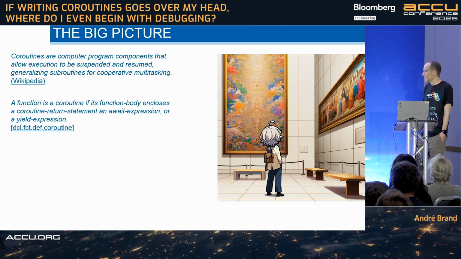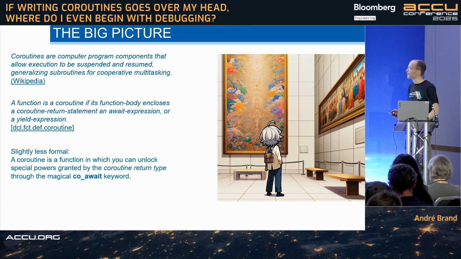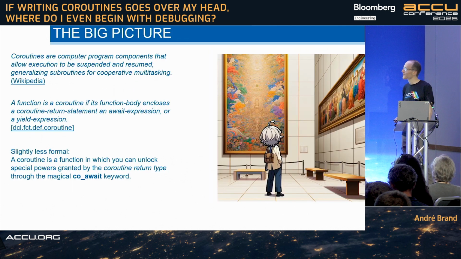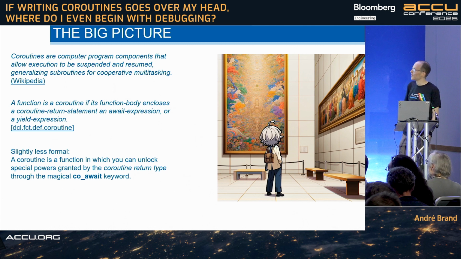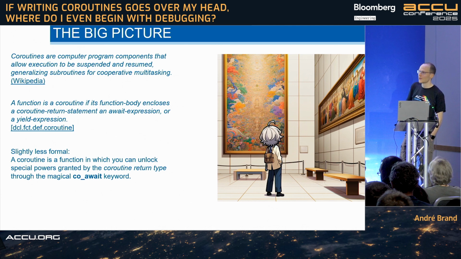So we can simply adopt both of the definitions. Or even better, let's also adopt a third one. This is my own definition, slightly less formal: a coroutine is a function in which you can unlock special powers granted by the coroutine return type through the magical co_await keyword.